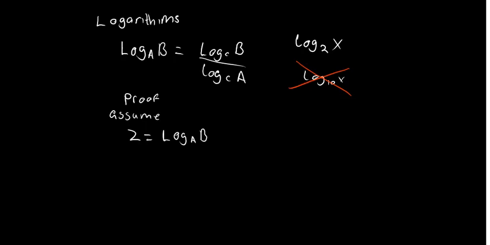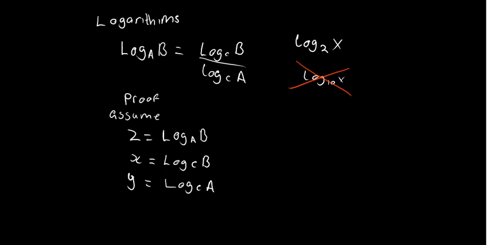So we're going to have that, then we're going to say x is equal to log c of b, and then y is equal to log c of a, right? Okay, good. We have this simple proof, and then what we're going to do is apply the rules that we know of these exponents.